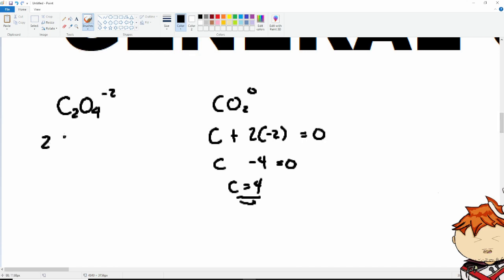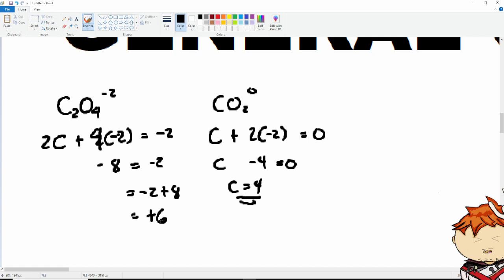So there's 2 carbon plus 4 times negative 2 because there's 4 oxygen. Total of negative 2. Negative 8, so 2 carbon is positive 6. C is equal to 3.